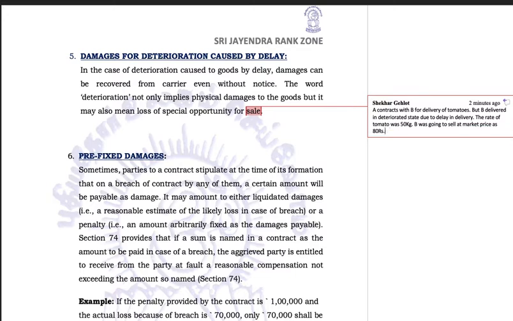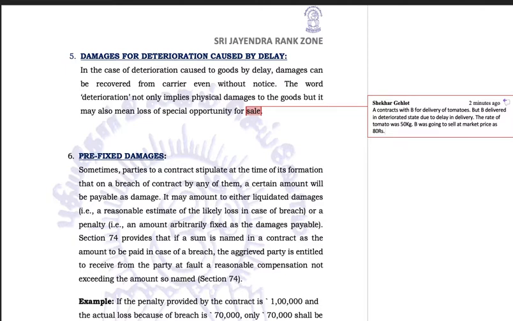But B was going to sell them at the market price. The prevailing market price is 80 rupees. Though A purchased them for 50 rupees per kg, the damage he suffered is only 50 rupees per kg into whatever amount of tomatoes there are.